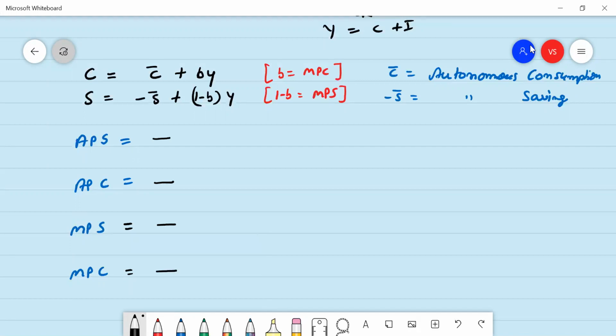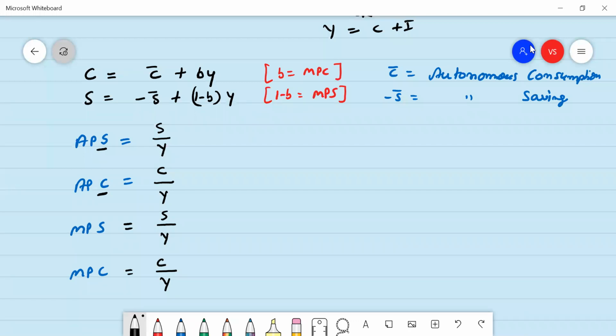The trick was to write the level of income at each level below the line. After writing income, look at what it is. If there is S, then write S above here. If there is C, then write C. If S again and C again.